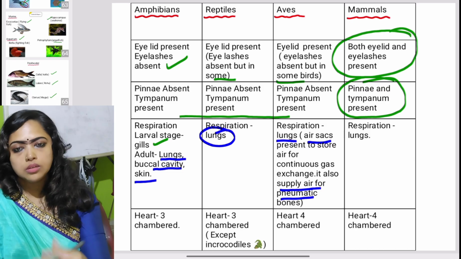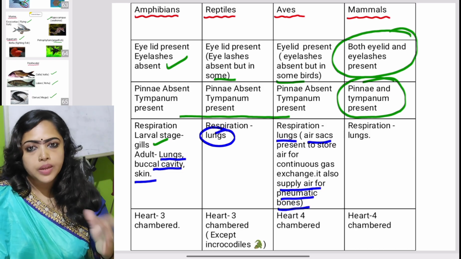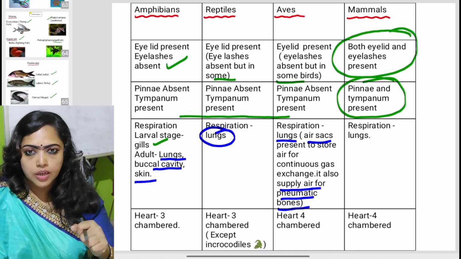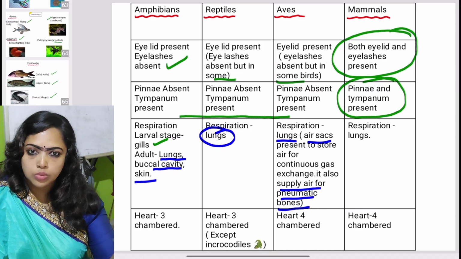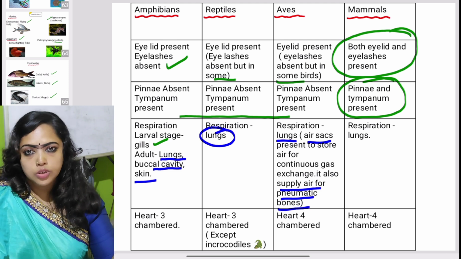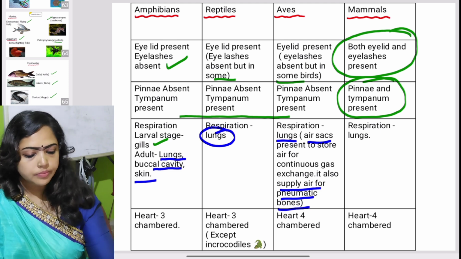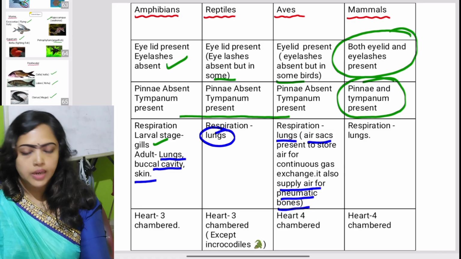We discussed what, pneumatic bones. These are the bones seen in birds and they carry what, air spaces. Okay. So these air sacs are the structures that supply air to these air spaces or supply air to what, pneumatic bones. And then mammals, the respiration with the help of what, lungs.